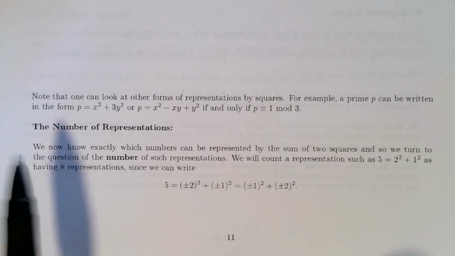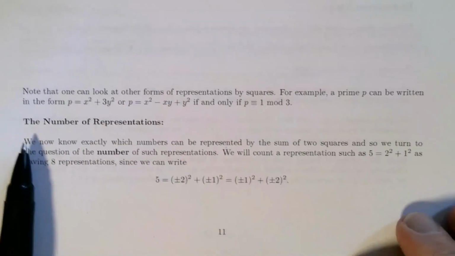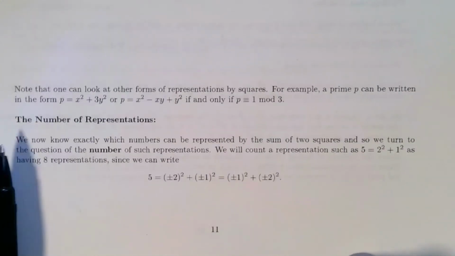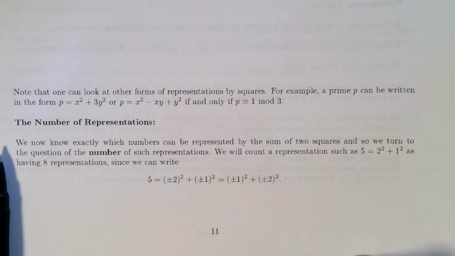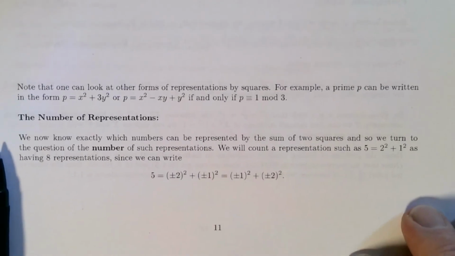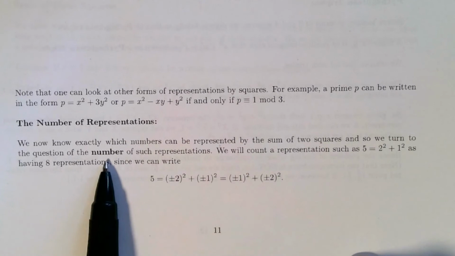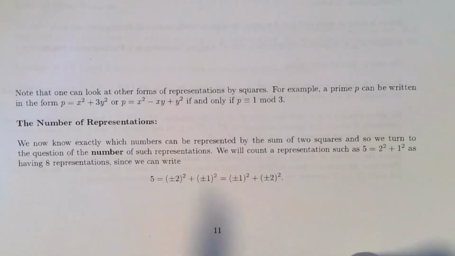Now we come to the question of the number of representations. We saw that there were 6 different ways of representing 5525 as the sum of two squares. So we now turn to the question of how many representations there are.